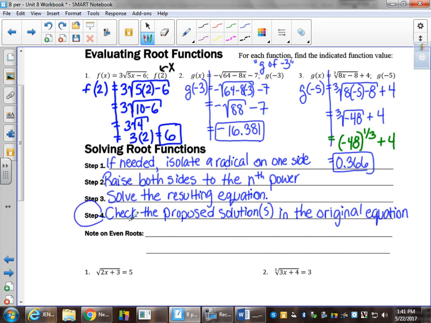This note is relevant to step 4. Note on even roots.